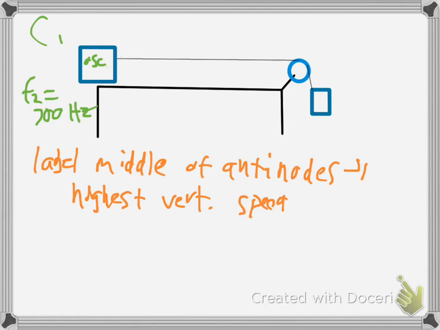Let's make that a bit bigger. I'm going to label our nodes, because I know it's going to have 3 nodes for mode 2.